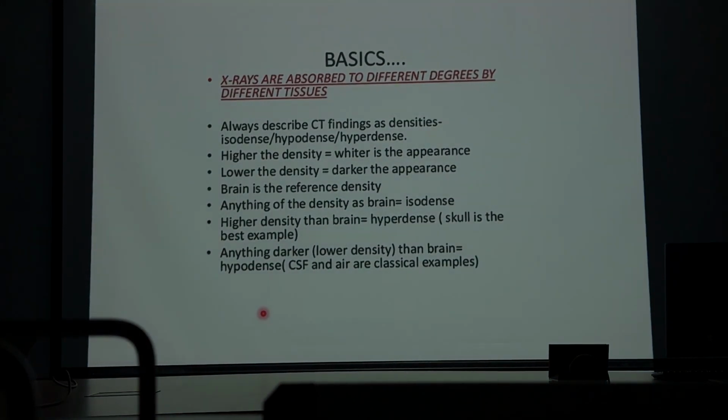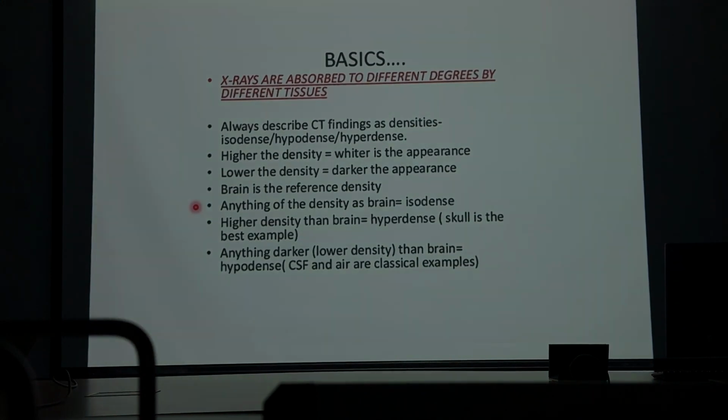Always we describe CT scan findings as densities, either isodense or hypodense or hyperdense. This is the basic description of a pathology. Higher density means whiter appearance, lower density means darker appearance, and the brain tissue is the reference density.